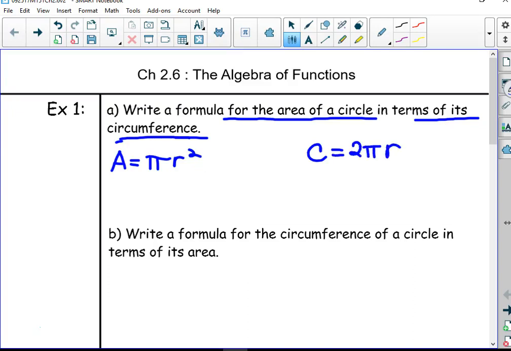Now, when it's asking for the area of a circle in terms of its circumference, we want to rewrite area, but we are not going to use r. We're going to solve for r in our circumference equation. So instead of plugging in an r into the area, we're going to plug in the r equivalent of c over 2 pi.